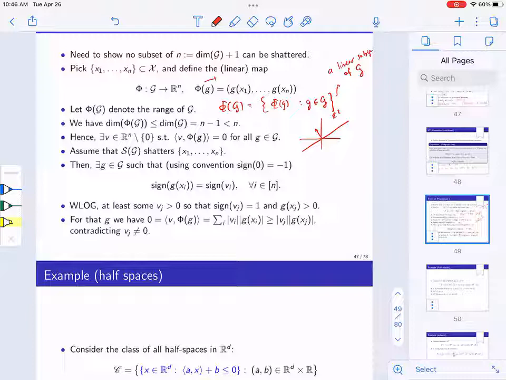And without loss of generality, assume one of these vi is bigger than 0. You can argue why that is. So vj is positive, and then G(xj) is also bigger than 0 because of this.